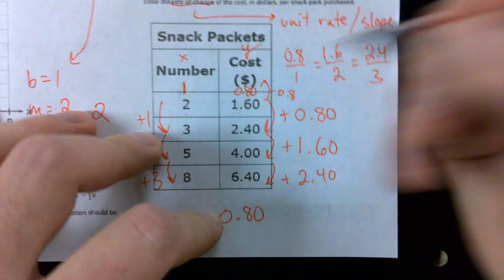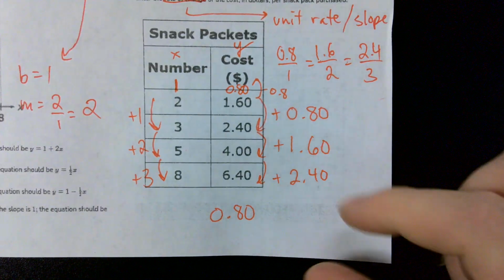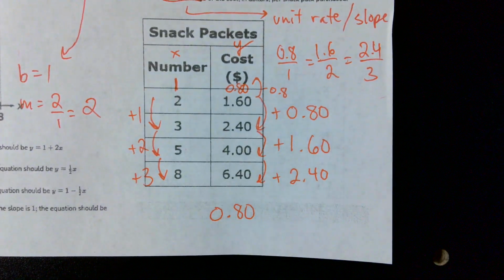That gives us 0.8. So how much would 0 snacks cost then, if we continued this pattern? $0, right? If you don't buy any snacks, you don't spend any money. Nice and proportional. Right? There's no initial value. There's no like $2 snack fee that you have to pay just to be able to buy snacks. That would be a non-proportional function. But here, we got proportional.